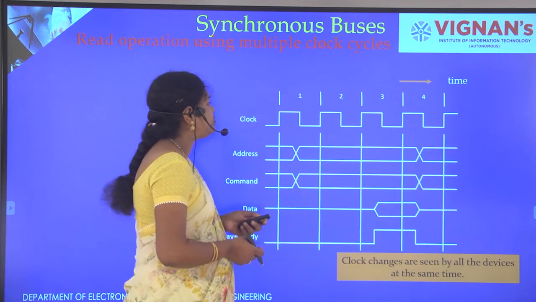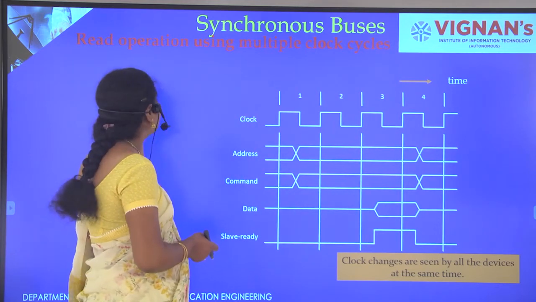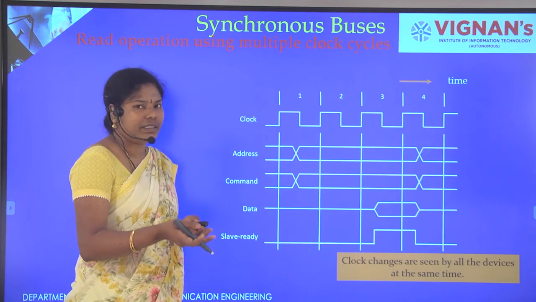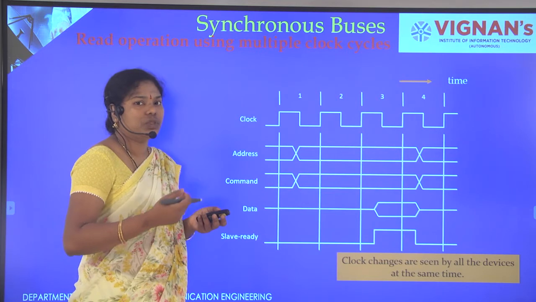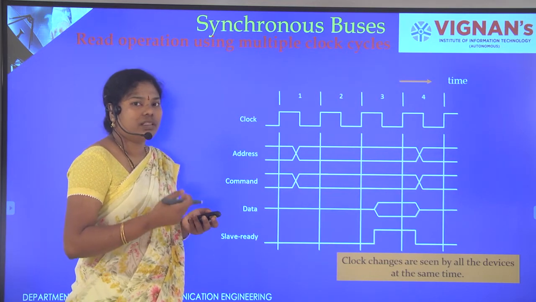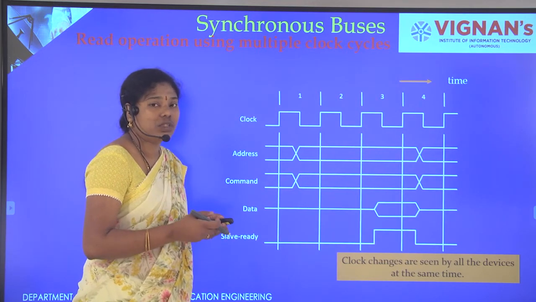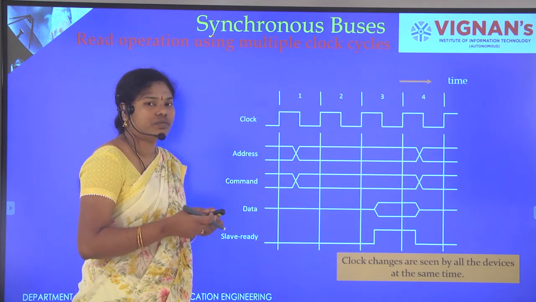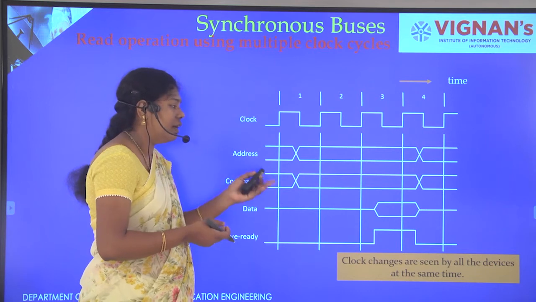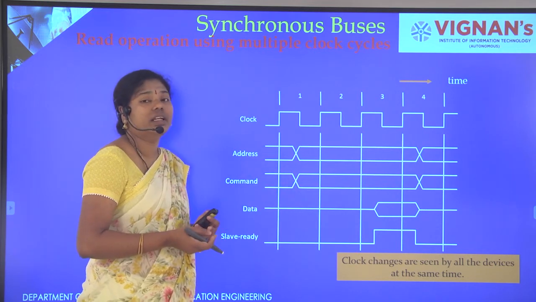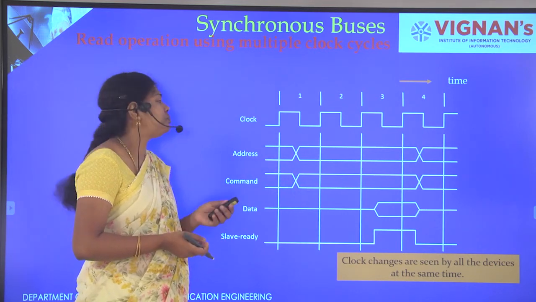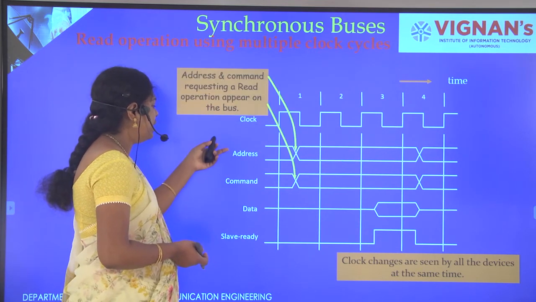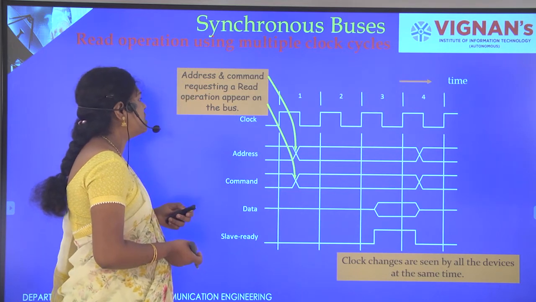Let's see the same read operation. The master has to place the address and command, the slave has to receive them, and the slave has to keep the data on the data bus and indicate that it is ready. First, clock and address and command are placed by the master.